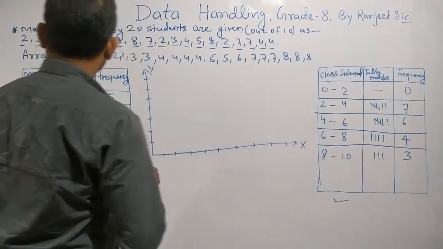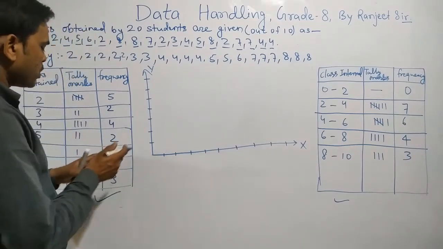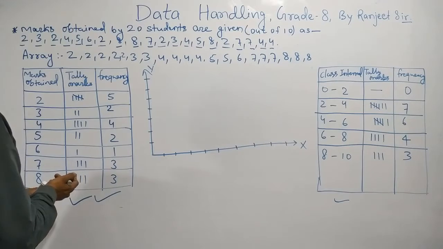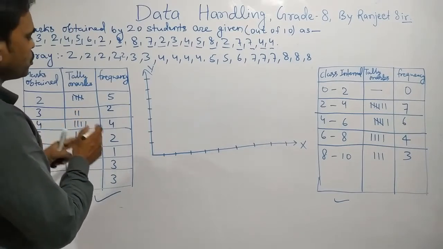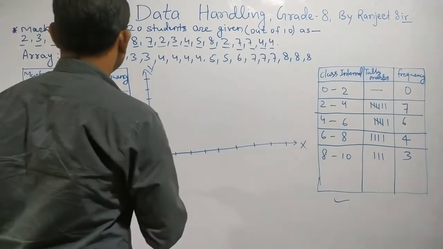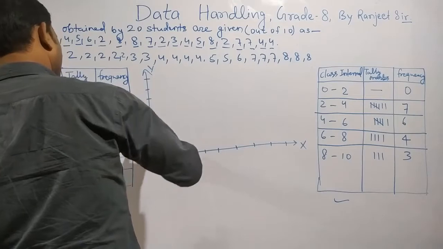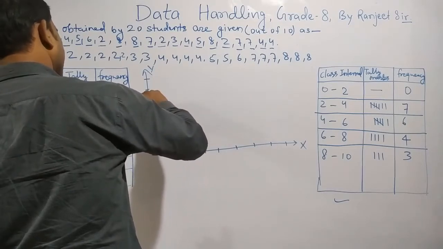On the x-axis, if we are talking about the bar graph, so on the x-axis we will show the marks, and here the number of students.